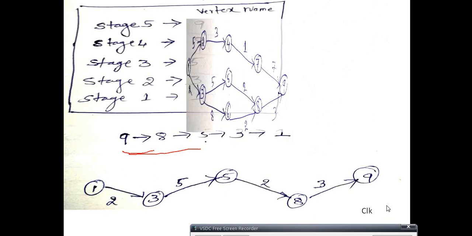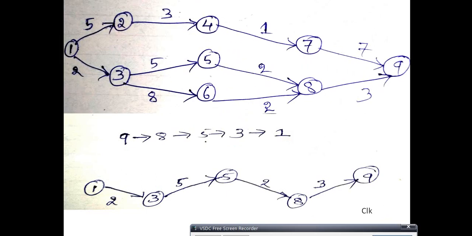Finally, 1 2 3, we have to write to draw the original path. We have to write in this fashion: 1 to 3, 3 to 5, 5 to 8, 8 to 9. What is the cost? See here, the main graph. This is the given graph.